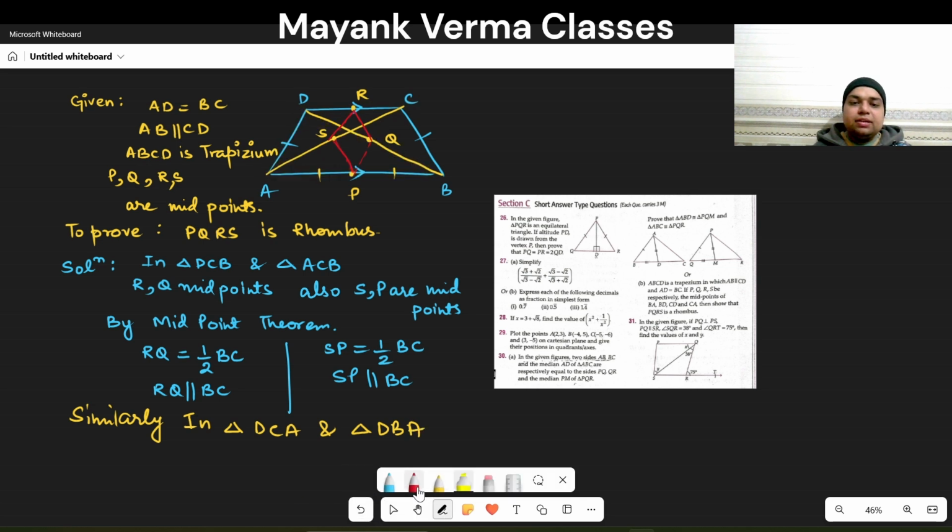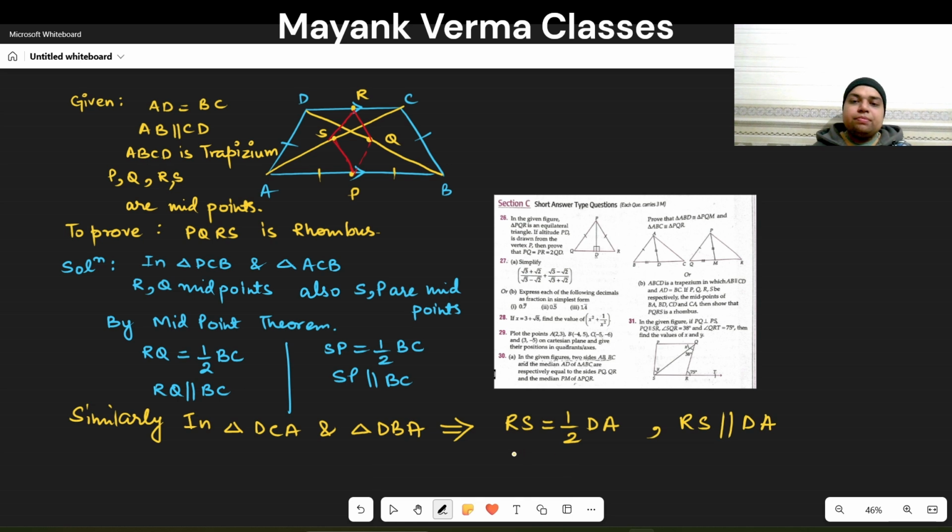So we can say that it will give me that RS is half of DA and RS is parallel to DA. Also QP is equal to half of DA and QP is parallel to DA.